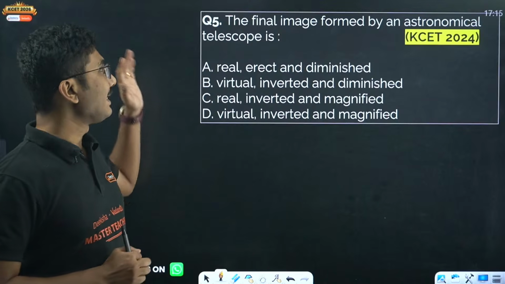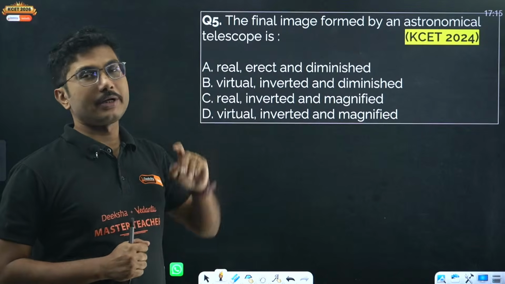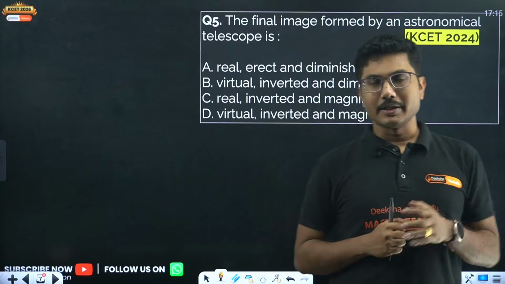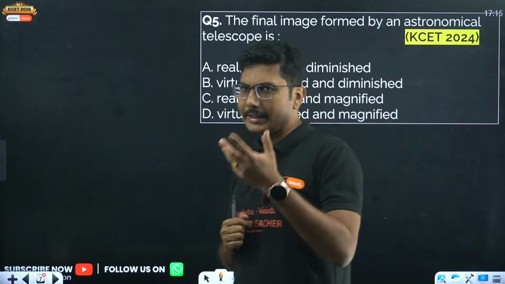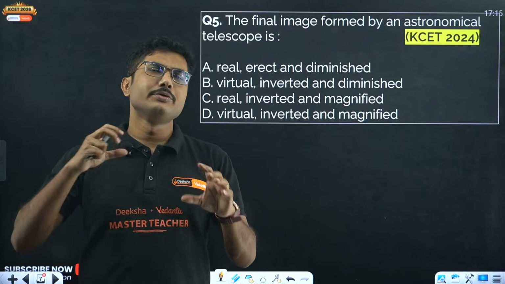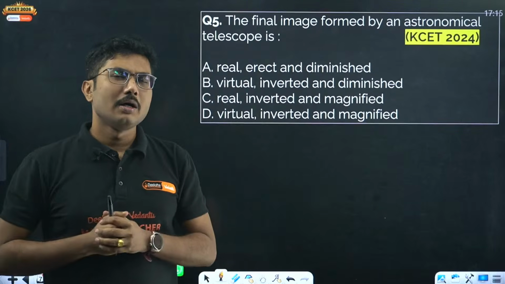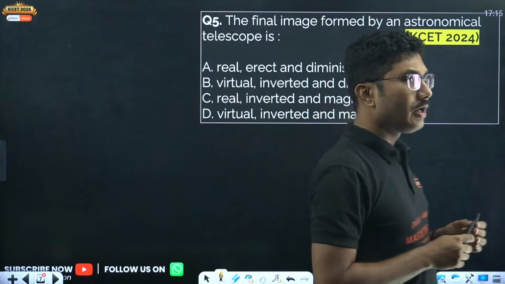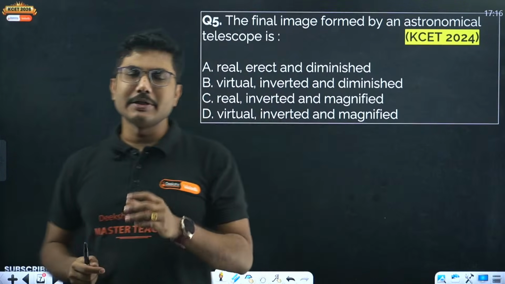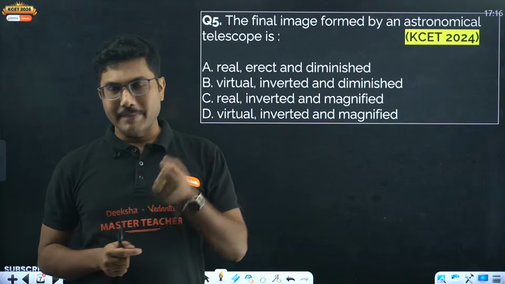But in the case of the astronomical telescope, which was developed by Galileo Galilei, not in the 1800s, even before that, I think 1600s, he used two lenses and observed the moons of Jupiter using that telescope. And obviously it gives you a magnified image.